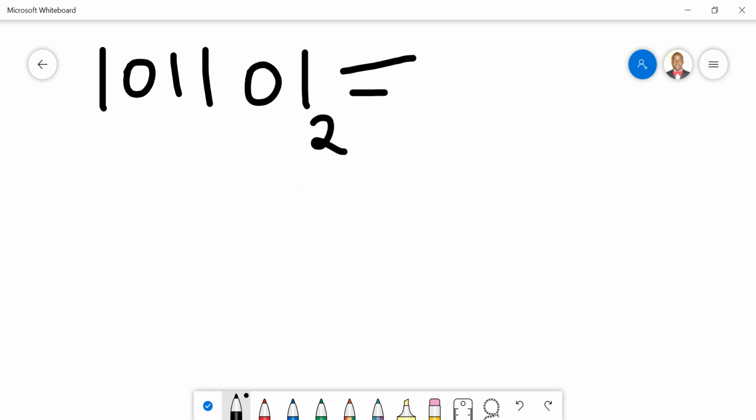So we want to convert this one to base 10. We want to know the decimal number of this 1 0 1 1 0 1.